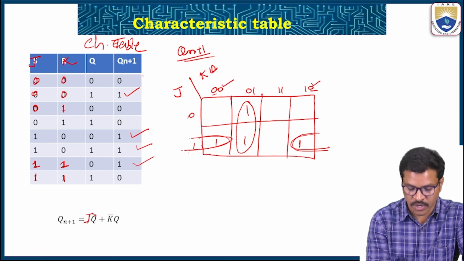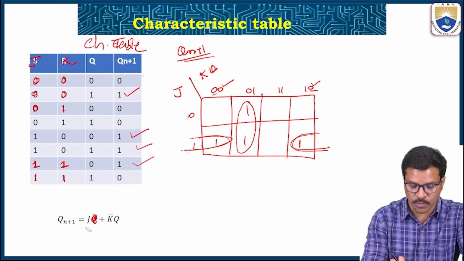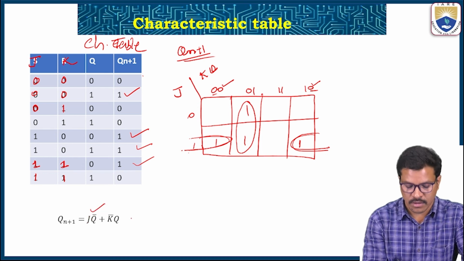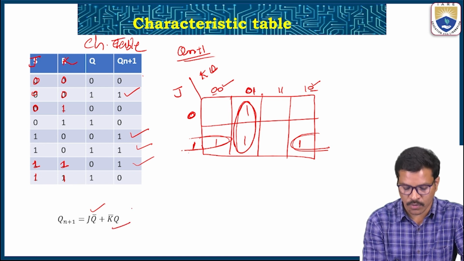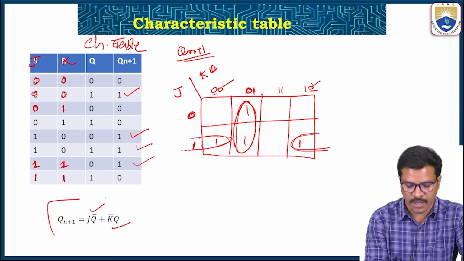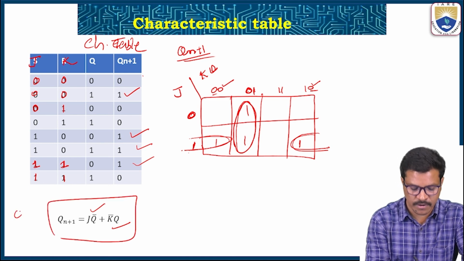For this other pair, what is the minimized Boolean function? Row-wise, J and J bar are cancelled, and we can consider only 0 1. 0 means K bar and 1 means Q, so K bar Q. So we get the characteristic equation.